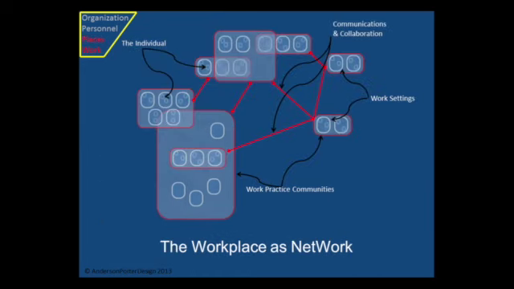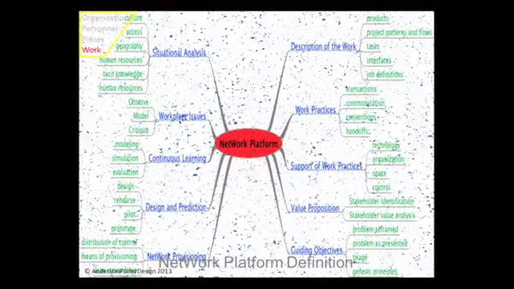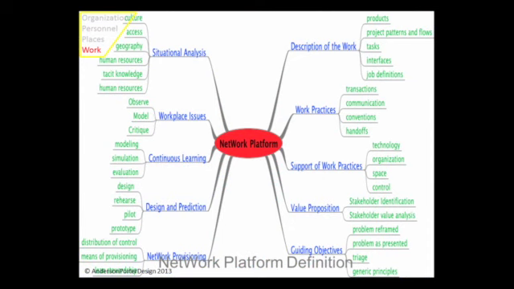The picture then of the workplace of the future is, I think, usefully conceived of as a network which the organization has to support, and where the network platform, that is that which supports that network, and we won't go into this, but just a mind map of some of the issues that go into network platform planning.